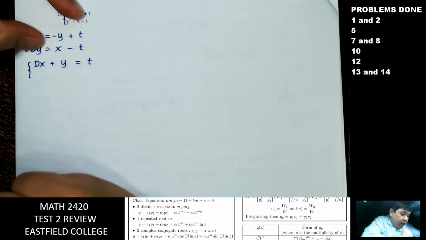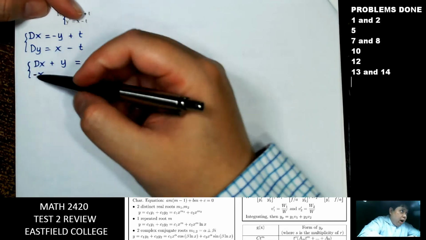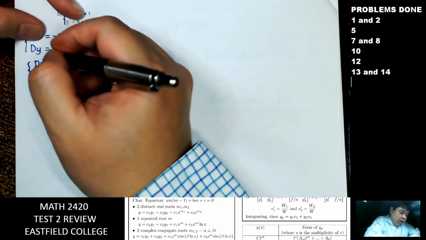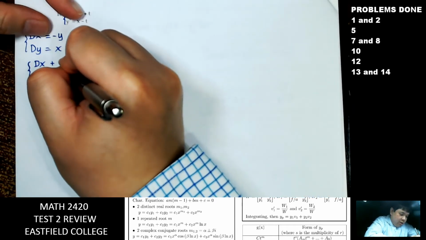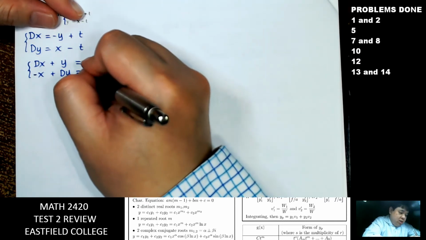Right. We move the x to the other side, it becomes minus x. I want to keep x with x as the column, and this column for y. So I have dy here, and we still have minus t.